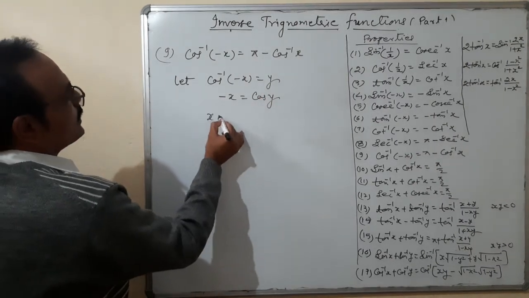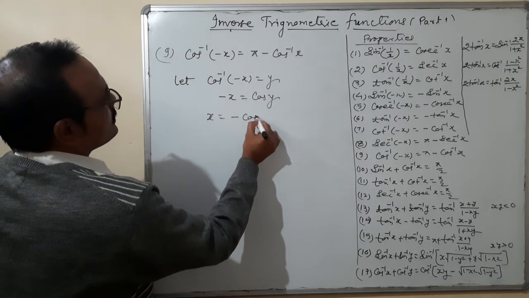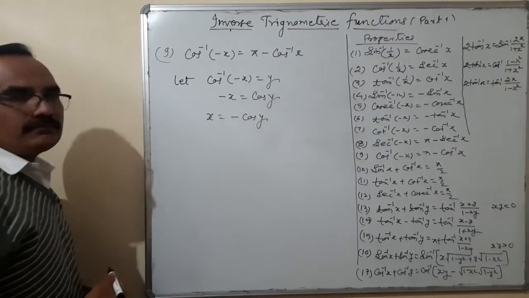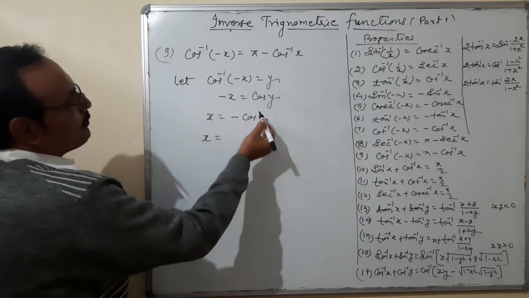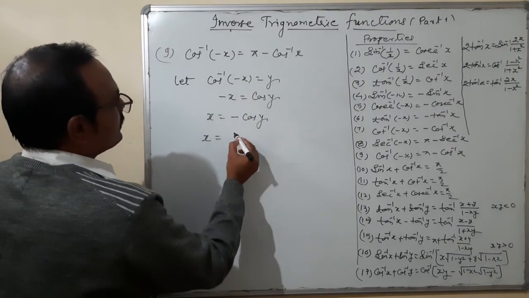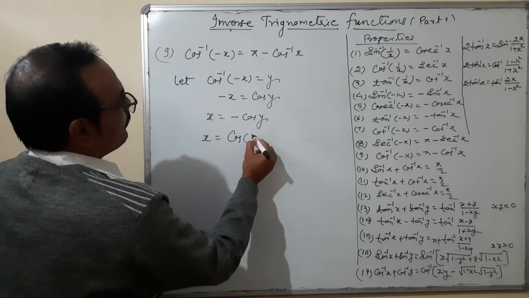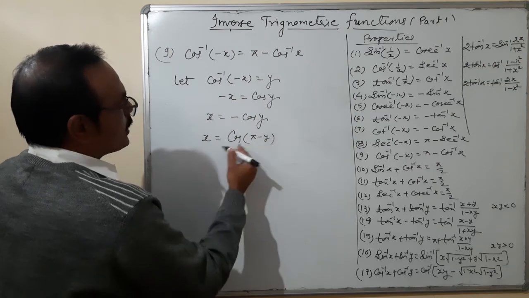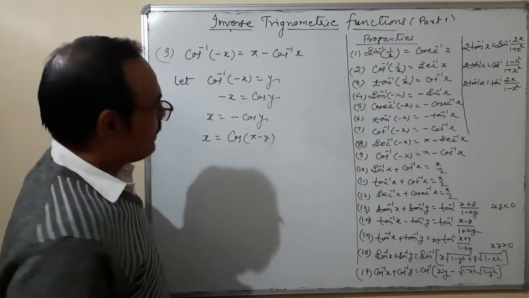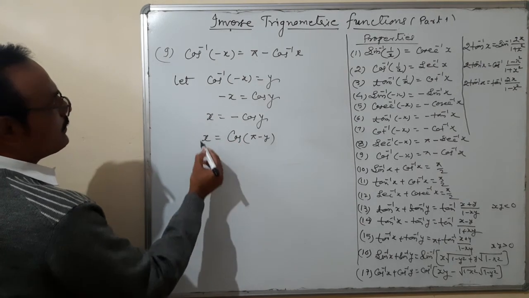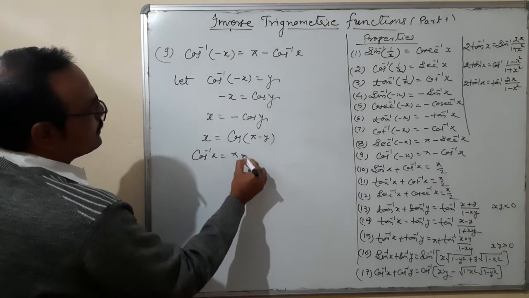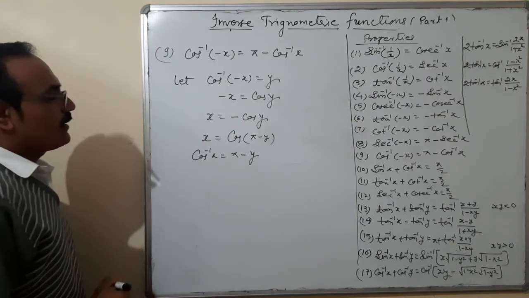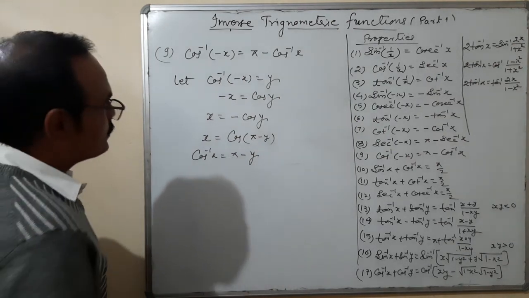Therefore, x is equal to minus cos y. x is equal to minus cos y can be written as cos of pi minus y, since cos of 180 minus theta is minus cos theta. So cos inverse x is equal to pi minus y.